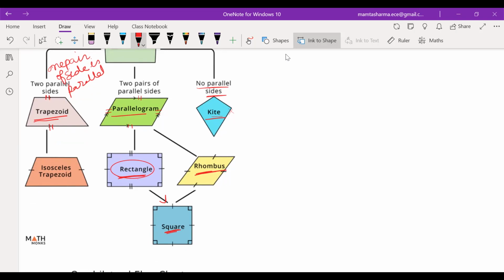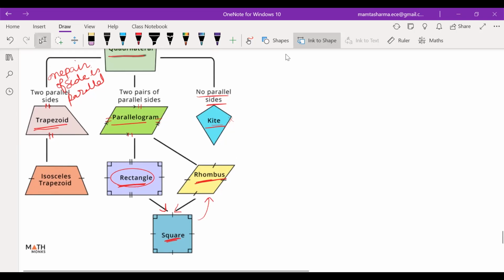A rhombus will also become a square when its angles become 90°. So all squares are rhombuses, but not all rhombuses are squares. We will see this one by one.